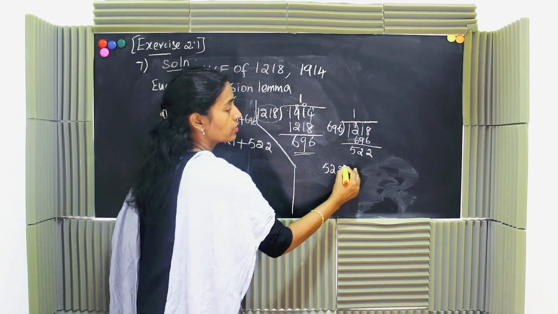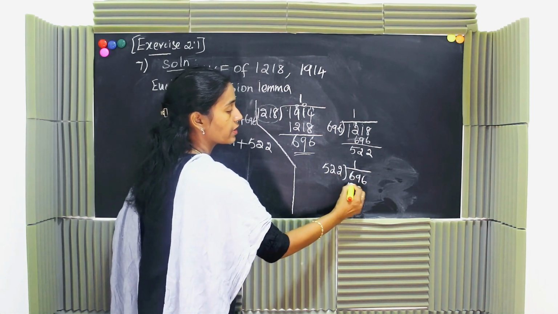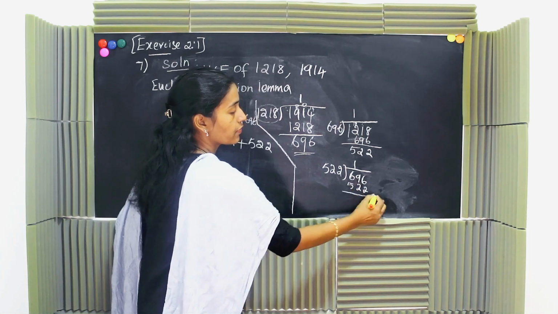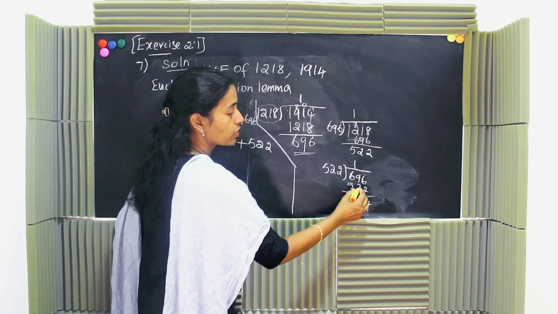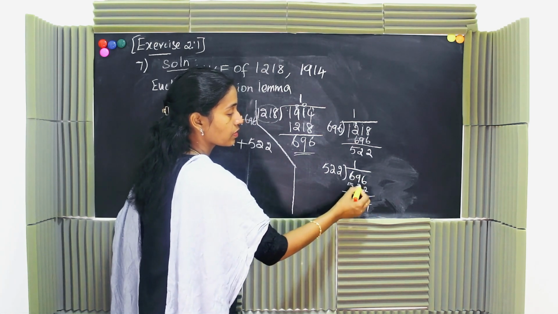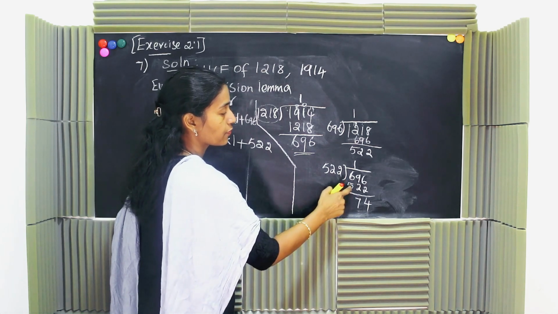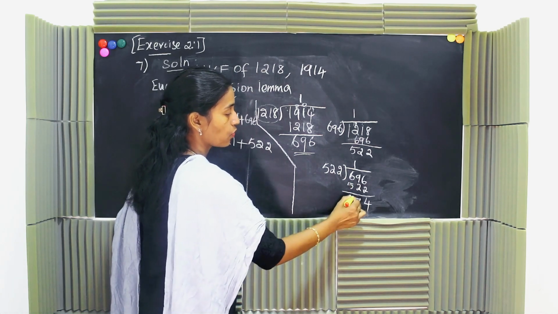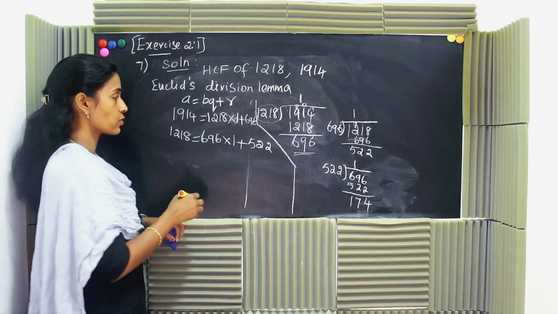696 divided by 522. 1 into 522, 522. Subtracting 2 from 6, I'll get 4. 2 from 9, 7, right? And 5 from 6, 1. So here the remainder is 174.